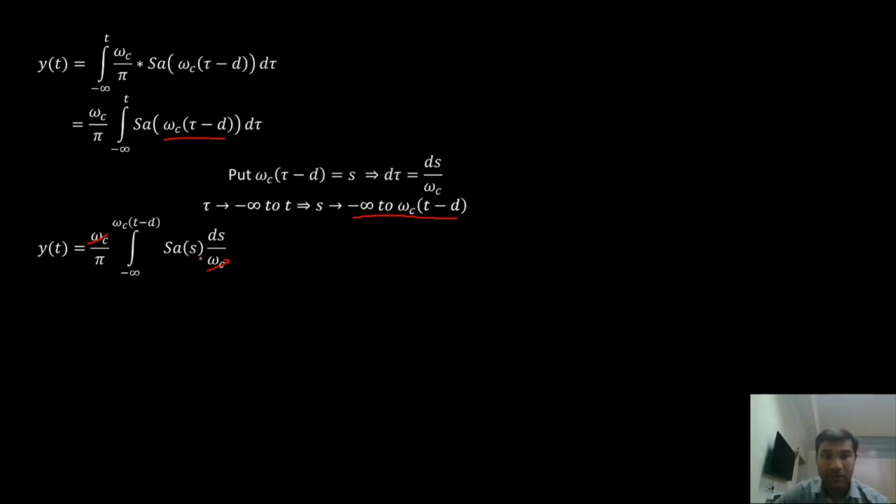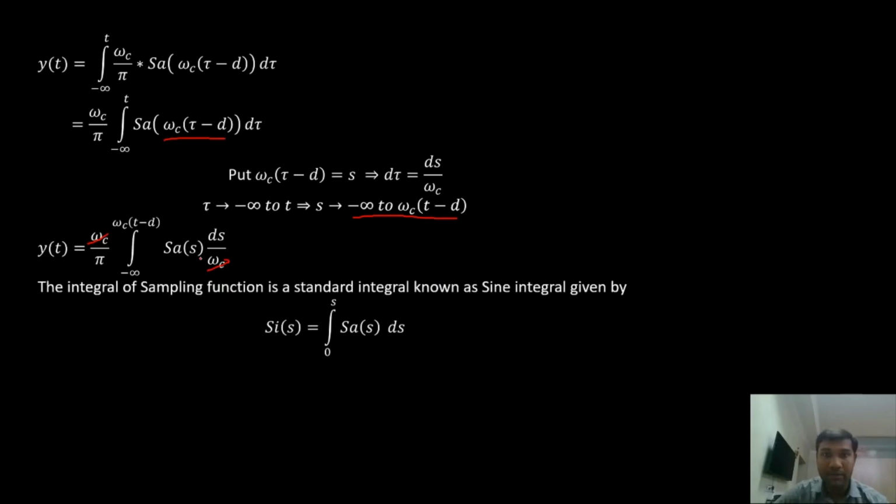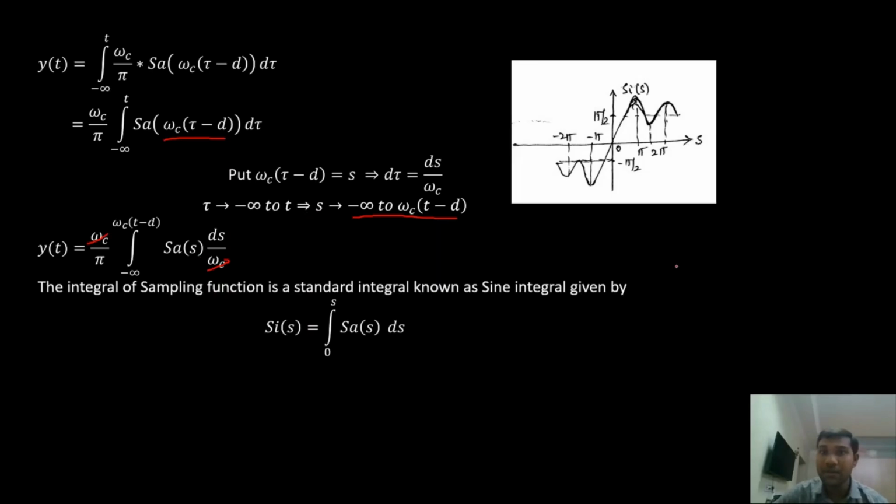Okay, Si of s, and it looks something like this. This is how my sine integral looks. So the three important properties of the sine integral are: at 0 the value is 0, at infinity the value is pi by 2, and at minus infinity the value is negative pi by 2.